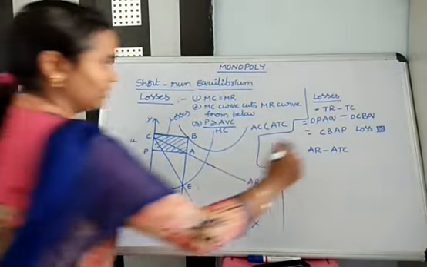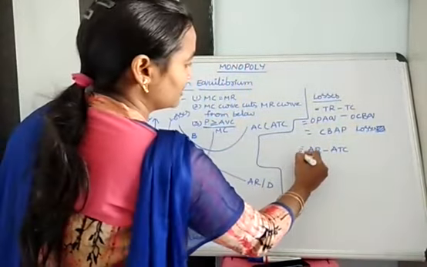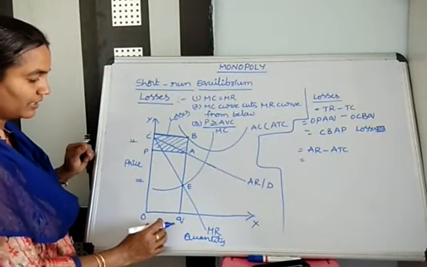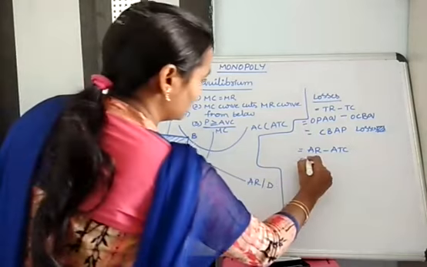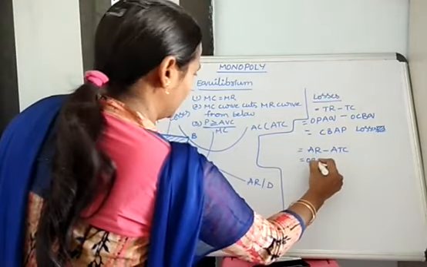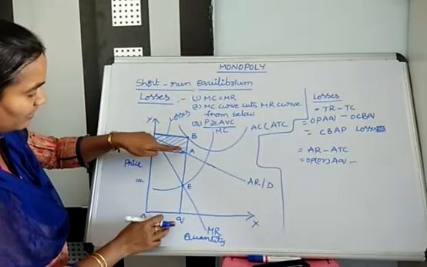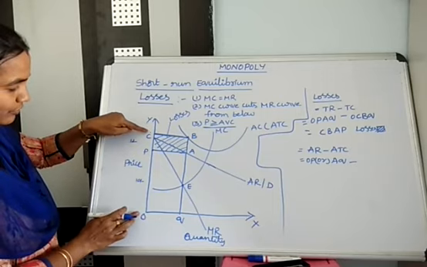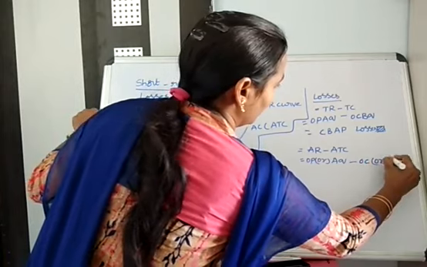Total losses of the producer. Then how much loss will the producer incur through producing 1 unit of output? For producing 1 unit of output, they are getting revenue at the OP level or AQ level. And how much they are spending for producing 1 unit of output is the OC level or BQ level.